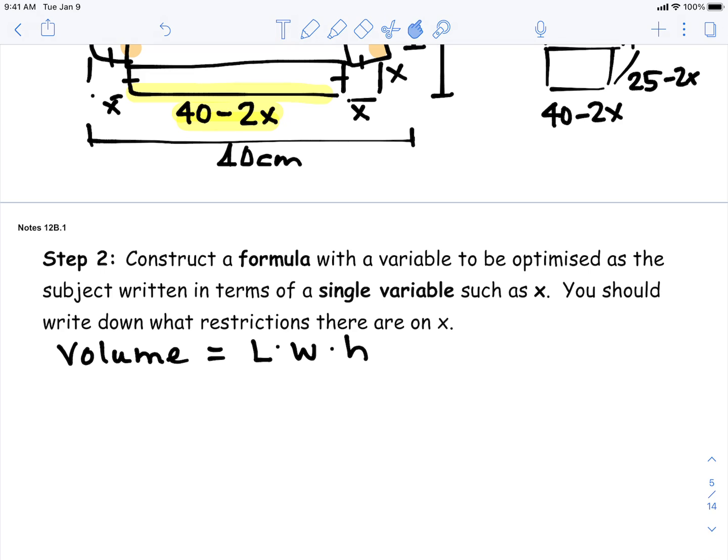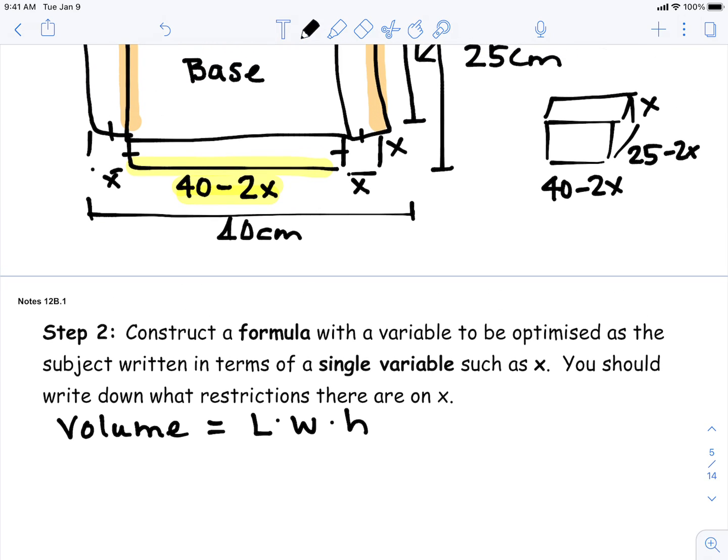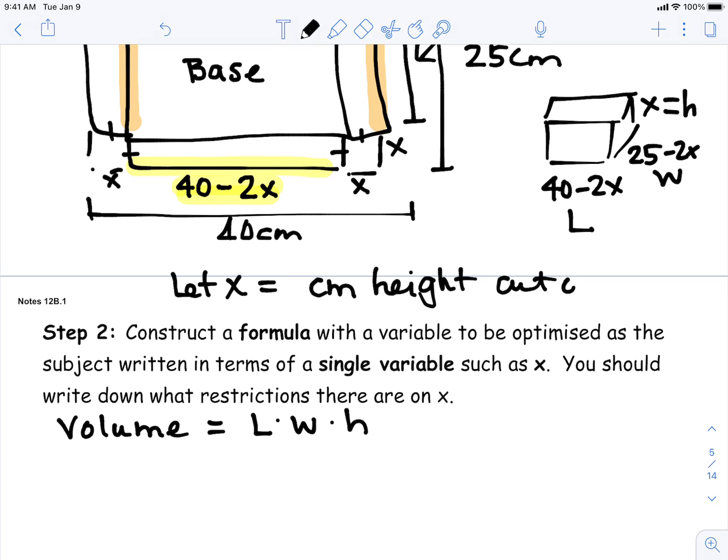Well, this up here in our figure is our length, this is our width, and this is our height. So we're going to let X equal the centimeter height that's cut out. And now we're going to write our equation.